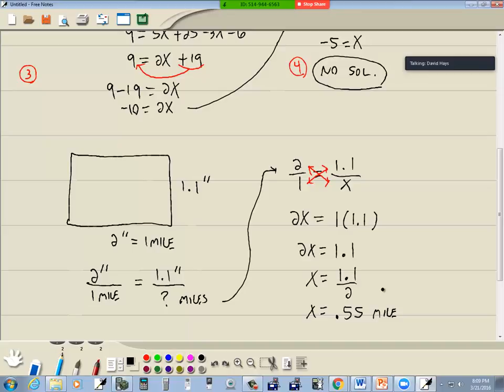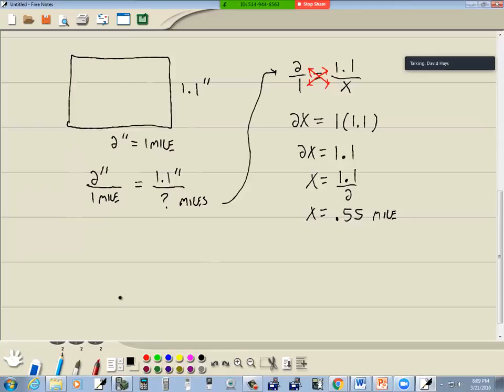Now, that's one way of doing proportions. There's another way. Some people like to put the inches here, and they'll put the inches here. And then 2 inches relates to 1 mile. And then down here, you would put your x miles.